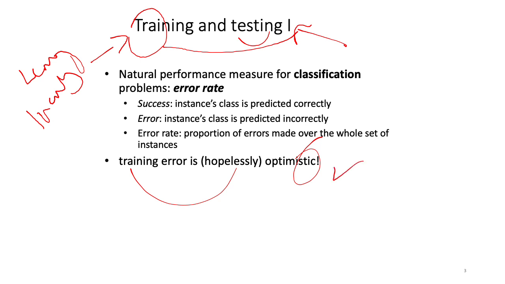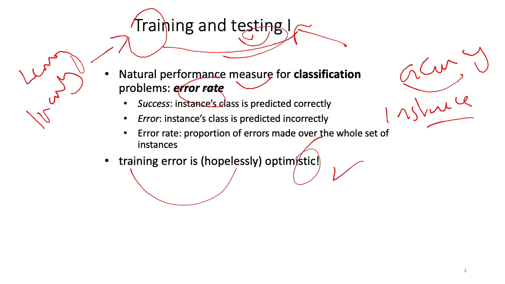In order to report and assess the quality of that model, you always have to test it on data that it has never seen before. So one measure for the classification problem we said is the accuracy. On the other hand, you can use the error rate. In the case of accuracy, an error means that one instance was not correctly classified.